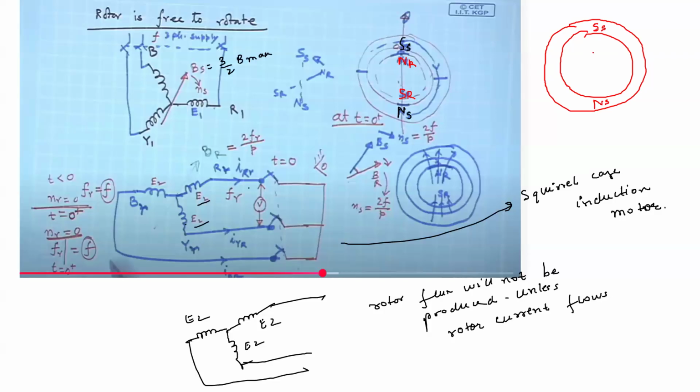The rotor windings are short circuited and carrying some current. We know that a current carrying conductor placed in the presence of north and south poles will experience force, and because of this force it will try to rotate.